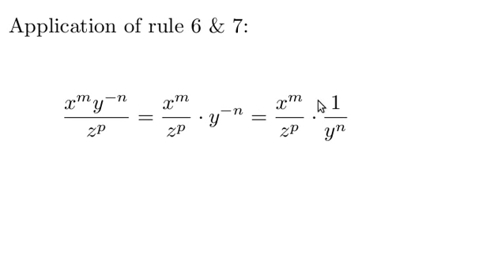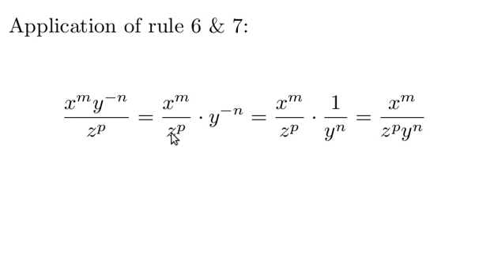Now we don't have any negative exponents left, but we can combine these two fractions, and that makes x to the power of m over z to the power of p times y to the power of n.